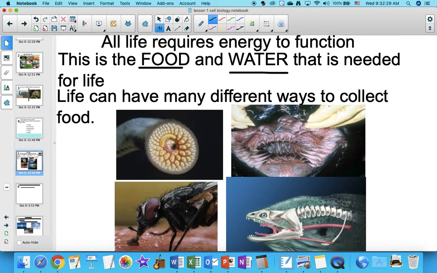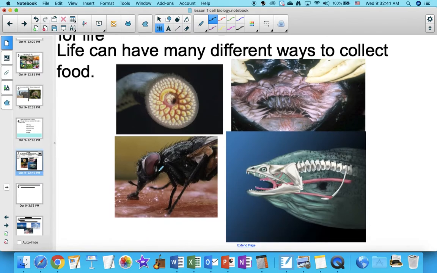Here we have the mouth of a leatherback turtle, right? The inside have these sort of pointed ends along the inside of the mouth in order to trap a jellyfish. And that's how they get their food, right? Here we have a fly with that weird sort of suction plunger mouth, right there. And these guys use that mouth to collect food and water. They basically spit on their food, digest it outside, and then drink it up.